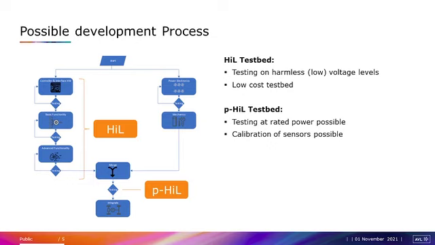But at the same time, in a later stage, we need the Power HIL testbed, because real calibration of sensors can only be done there, and we can only test our real performance there. But to make optimal use of these two test beds, we have to look into the requirements of these.